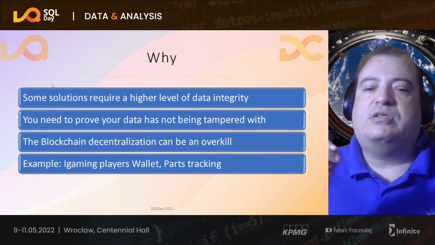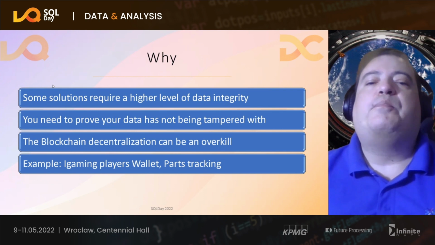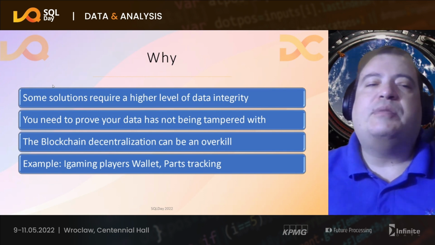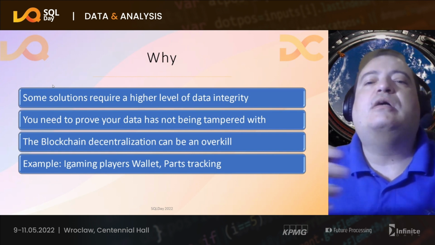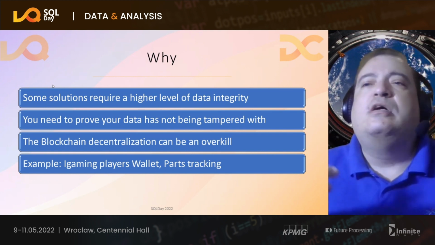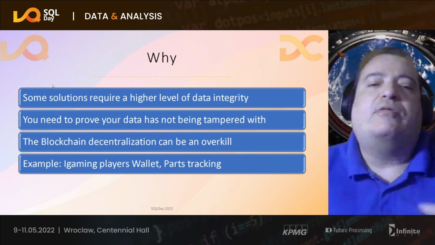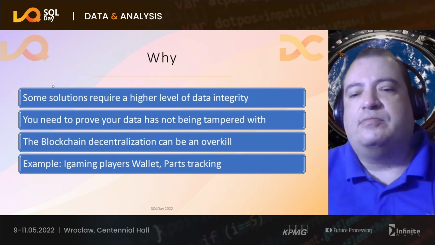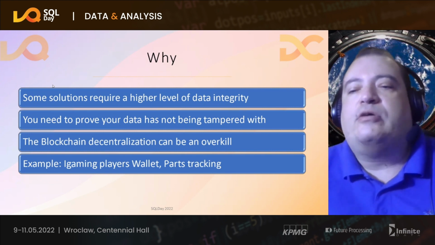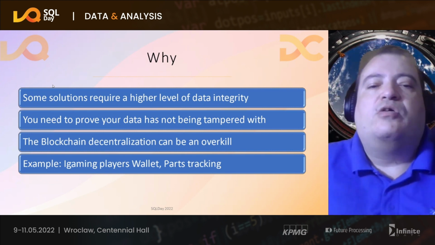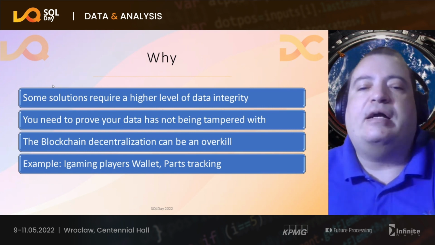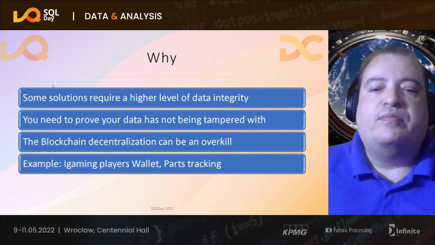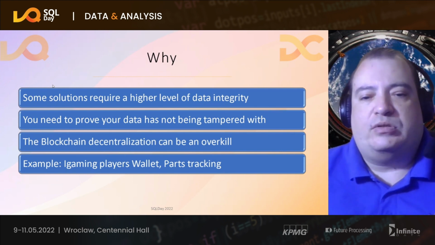Another interesting example, part tracking. Let's imagine a car factory. Someone bought a car from this factory and had an accident. This person could sue the factory, complaining that his car had parts which should have been recalled, but he was not advised about it.